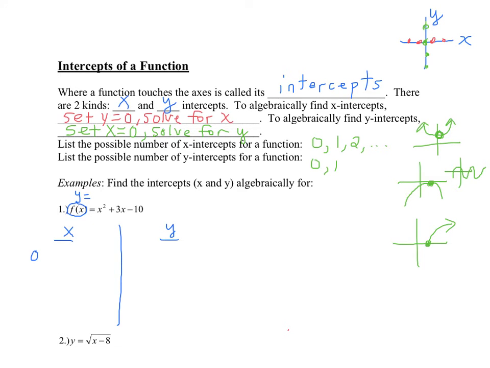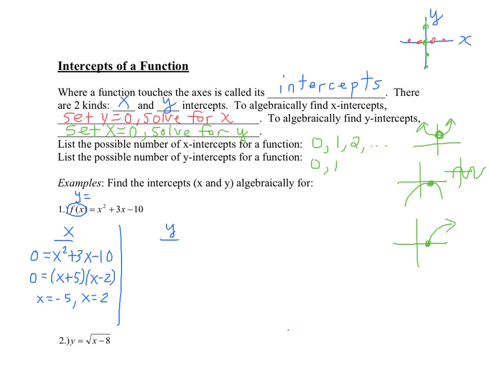So we're going to set this function equal to 0, and you're just going to solve. This one turns out it's factorable. That's going to be x plus 5, x minus 2. Okay, and when we go to solve, x is going to equal negative 5, and x is going to equal positive 2.